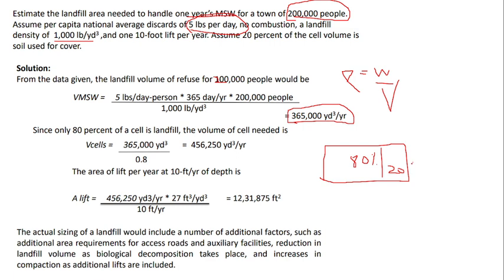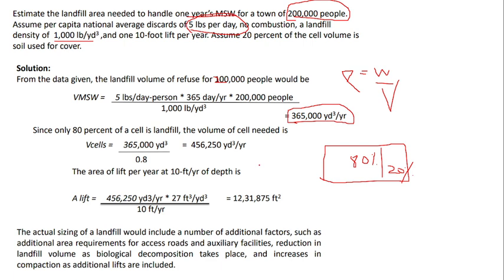So this 20 percentage area is left out to use this soil to cover up this entire area. That's what this 20 percentage is used. So whatever this volume we have identified is the area used for filling of the waste. To identify the entire waste, that is 100 percentage. For 80 percentage, it is 3,65,000 yard cube per year. Then for 100 percentage, how much? Just divide it with 0.8. So you will obtain 4,56,250 yard cube per year.